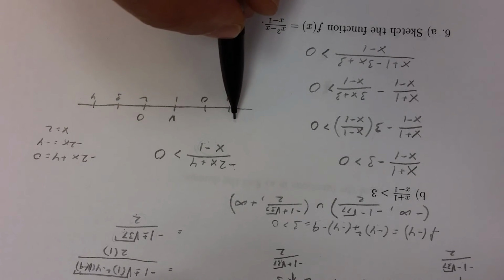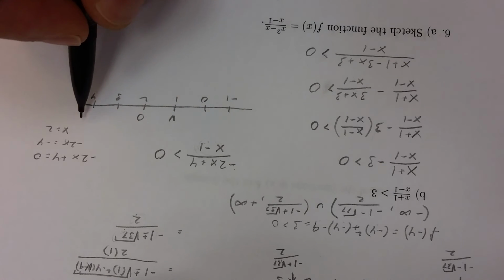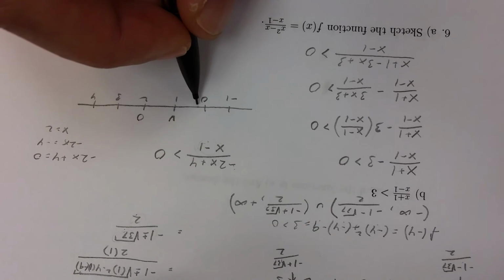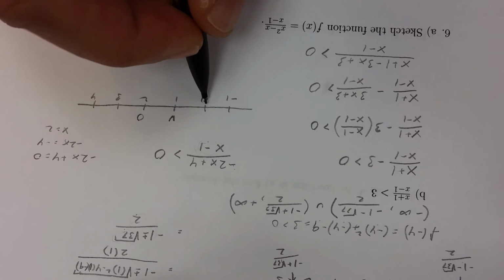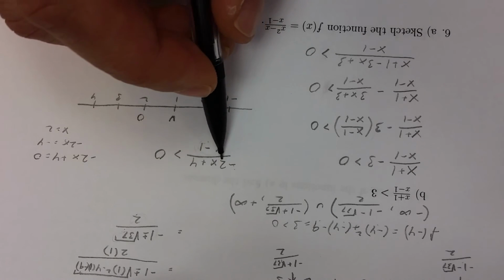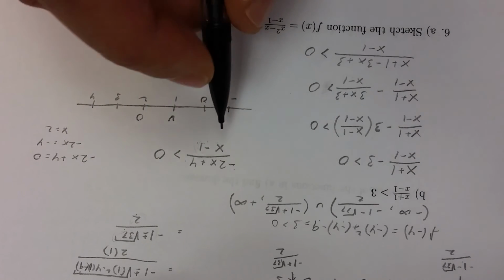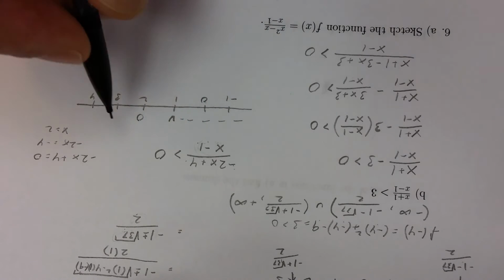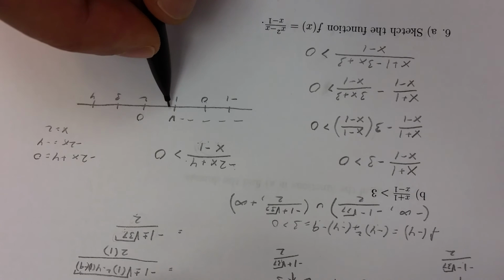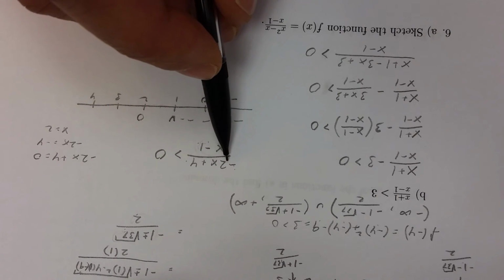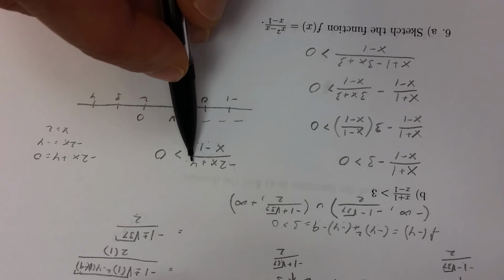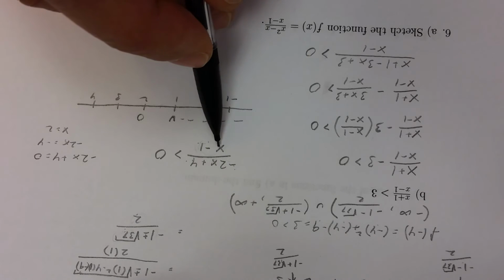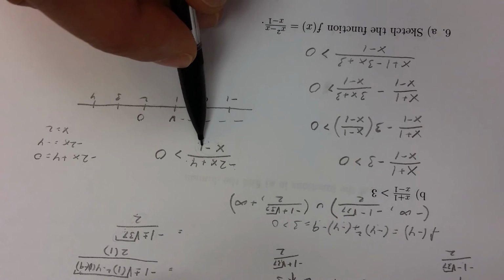Now I've chopped the real line up into 1, 2, 3 parts. Let me plug in a value from each part. If I plug in 0, I end up with 4 over negative 1. That's negative. And if I plug in 1.5, I end up with minus 3 plus 4 is 1, all over 1.5 minus 1.